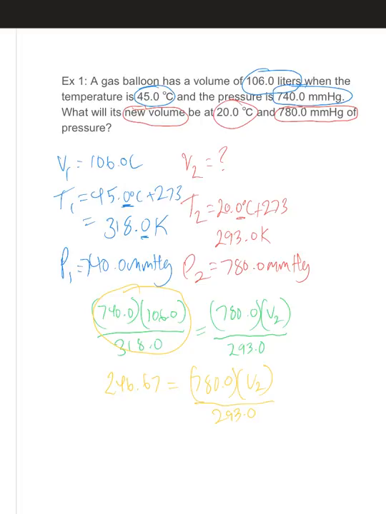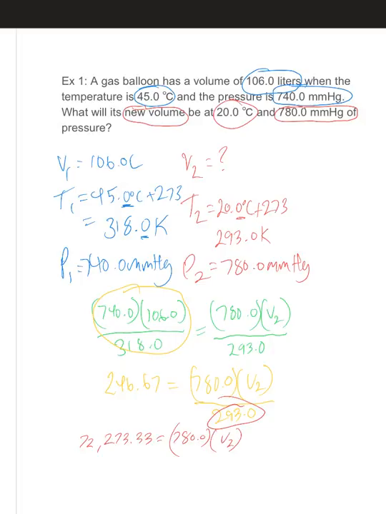Okay, next, I'm going to go ahead and get 293 out of the denominator. And the way I do that is I'm going to multiply both sides by that denominator. And when I do that, I'm going to get on the left side 246.67 times 293.0, which will give me 72,273.33 equals 780.0 times V2.